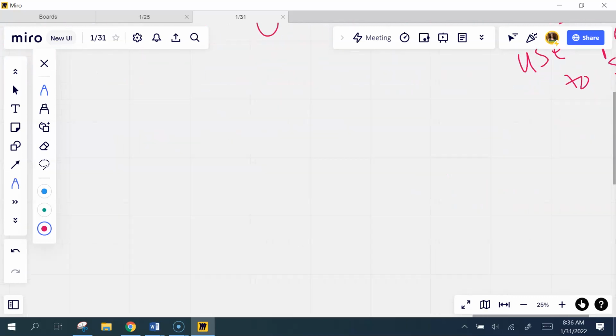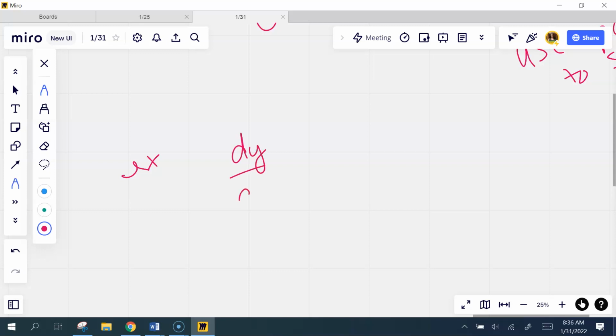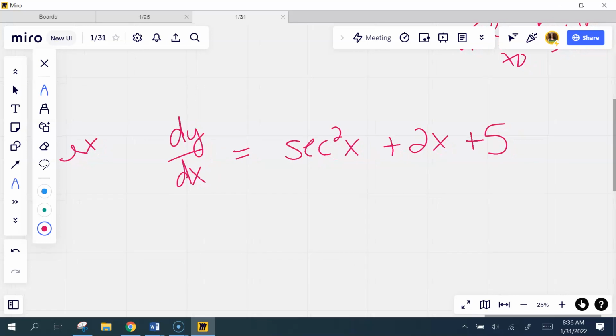For example, if I have dy/dx equals secant squared x plus 2x plus 5. In this case, I want a general solution. I want to find all the functions for y.